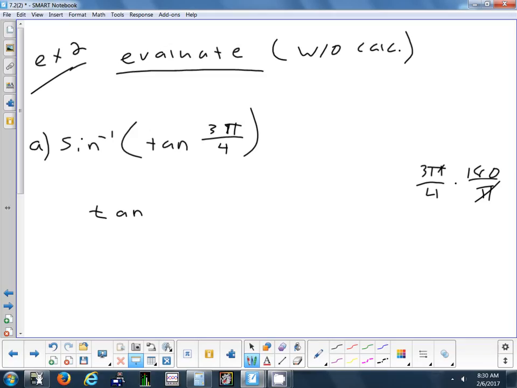It's probably easier to reduce it first before you multiply. Yeah. All right, so that would be the tangent of 135.